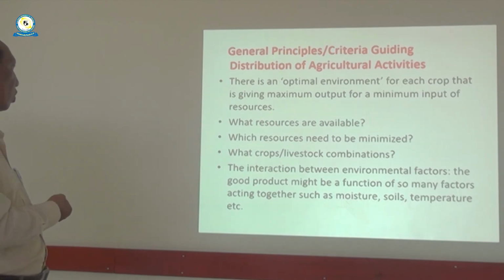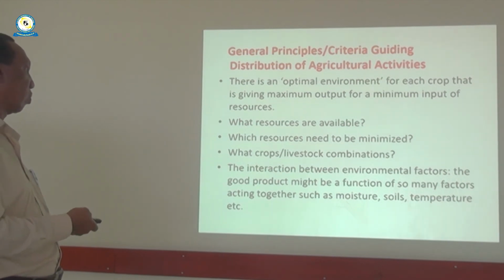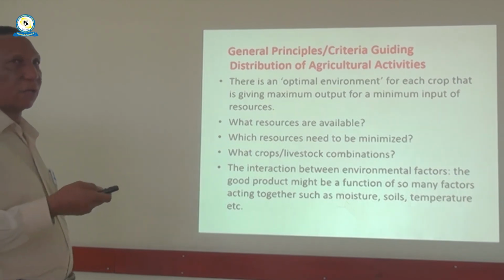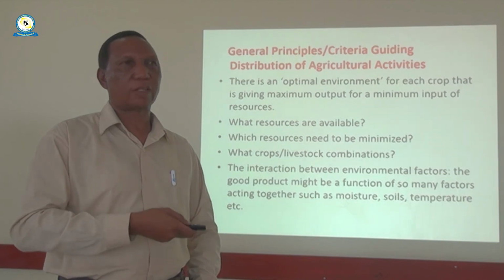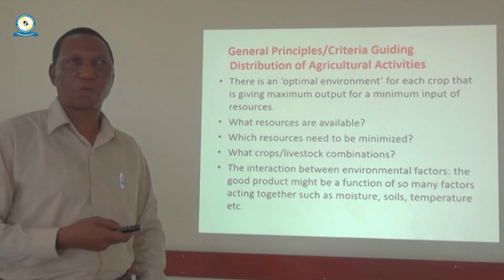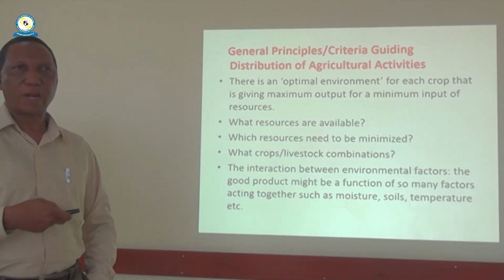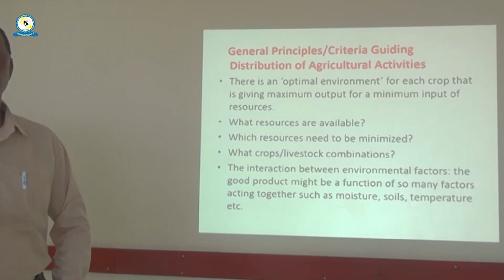And in that regard, we can see which resources need to be minimized. What crops or stock combinations. You see, instead of saying perhaps that this environment can just support crops, it can be a combination of crops and livestock. So the combination now is not only an environmental determinant, but also a decision-making determinant.